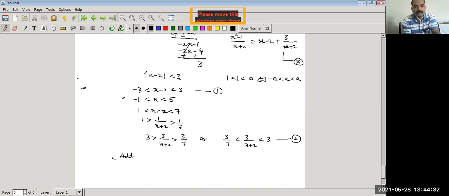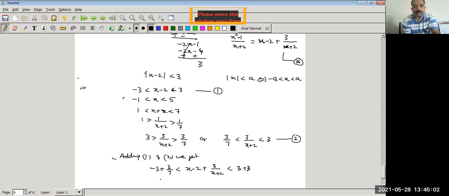Now adding 1 and 2, we get, क्या होगा? - 3 + 3/7 is less than x - 2 + 3/(x + 2) is less than 3 + 3.